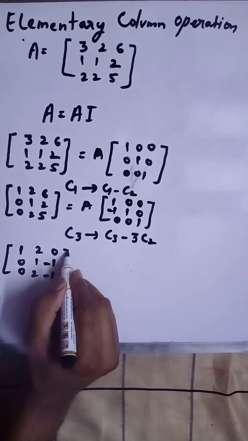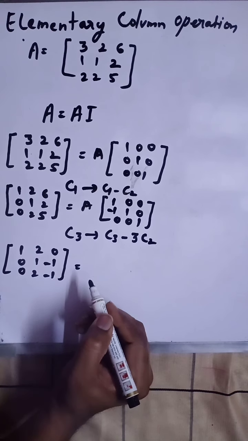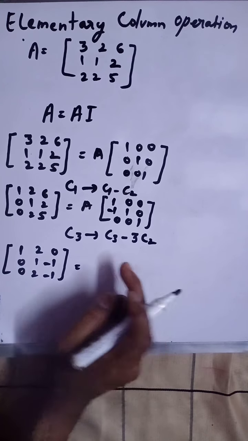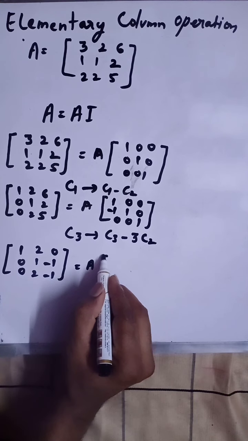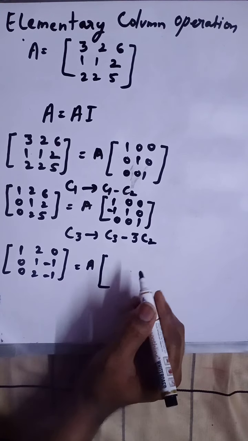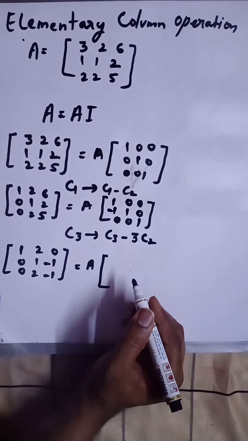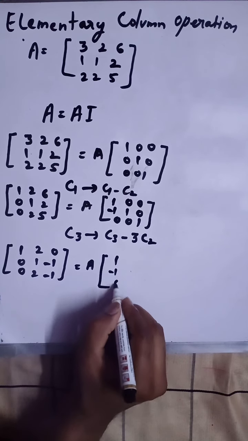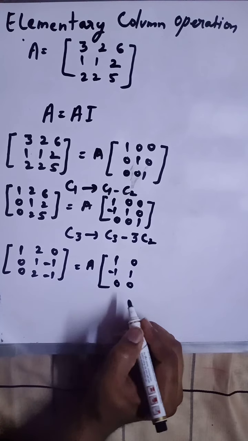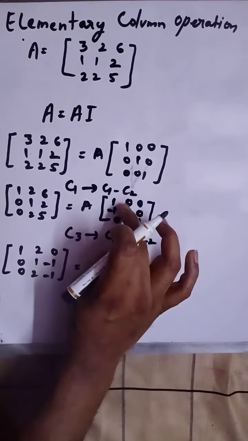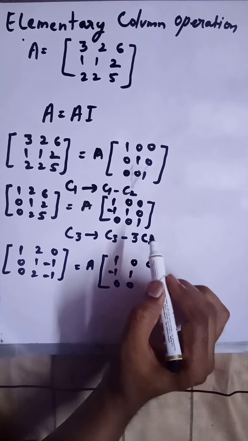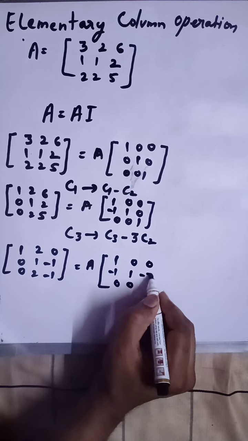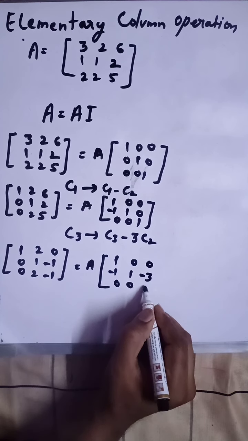Got it? And we are closing the bracket. A will remain the same. Similarly here, you have to apply the same operation. The first column will remain the same, the second will remain the same. In the third, you multiply this by 3 and this will remain 0. This would be C3 minus twice of this, that would be minus 3, and this would remain 1.